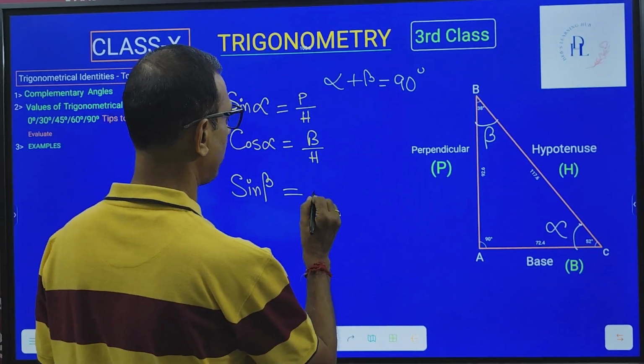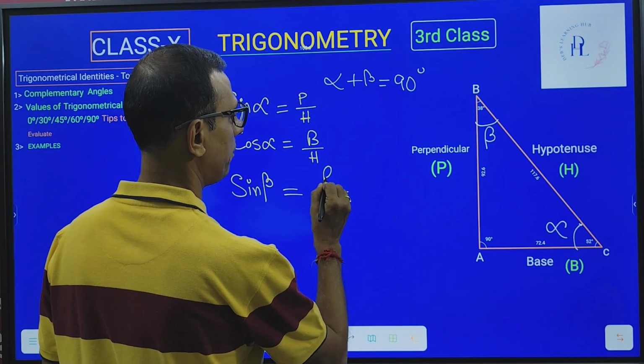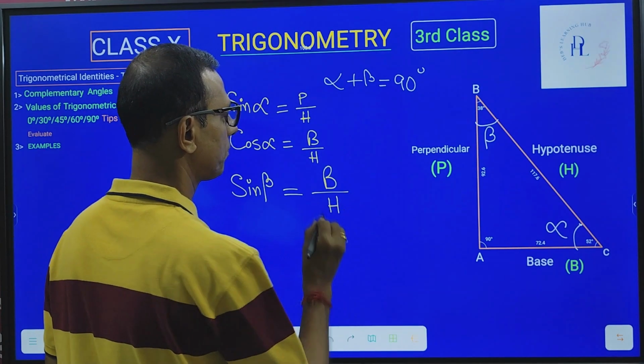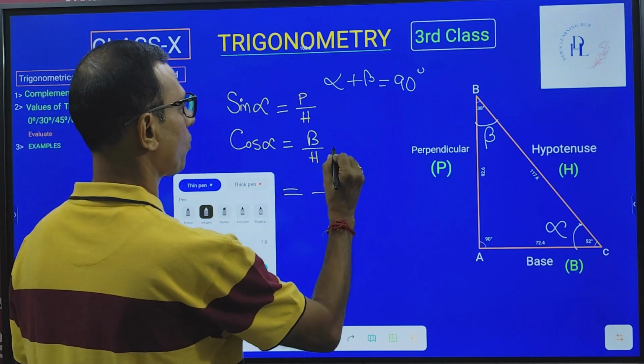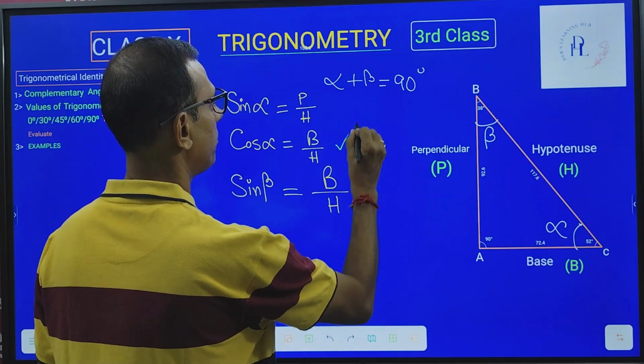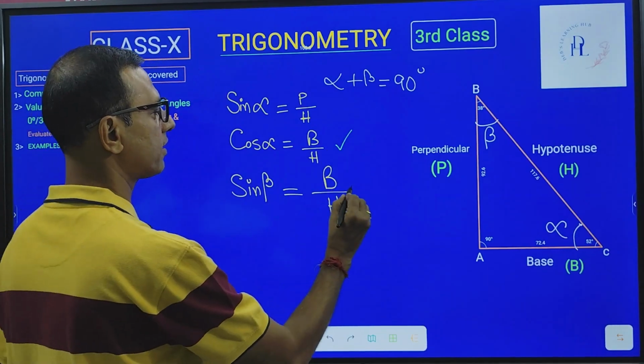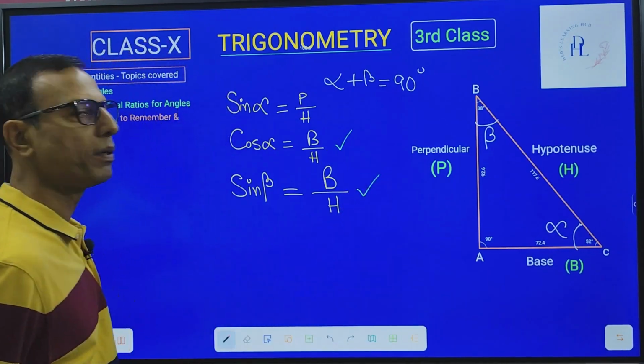So what will happen? Sine beta means B by H. Now you can see cos alpha is B by H, and sine beta is also B by H.